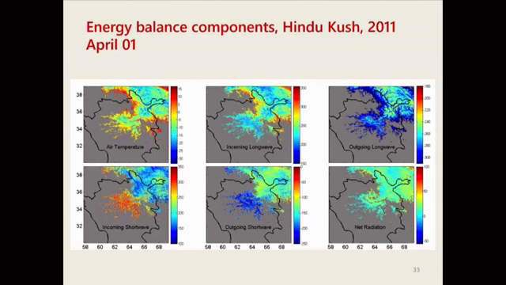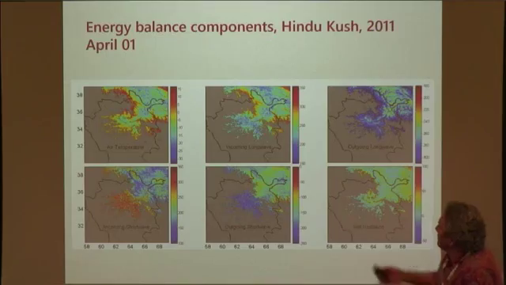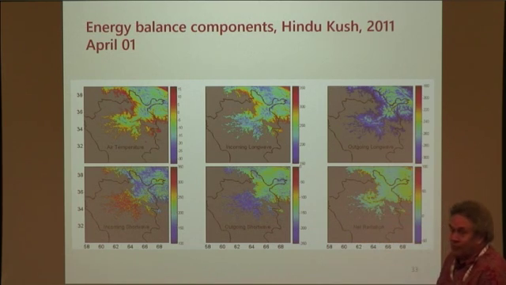And so if we do the same thing for the Hindu Kush, in this case, this is just showing the data for a day. We can get it over a mountain range that's very large. I mean, some of these drainage basins, the Amu Darya itself, is slightly larger than the state of Washington. It's 200,000 square kilometers.